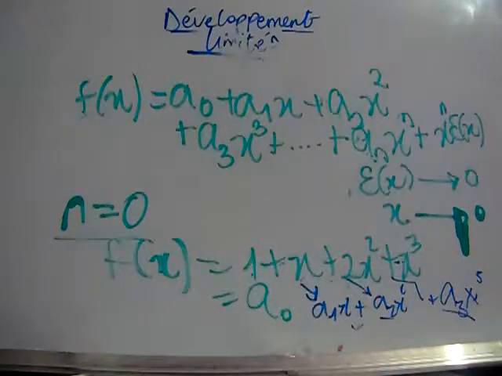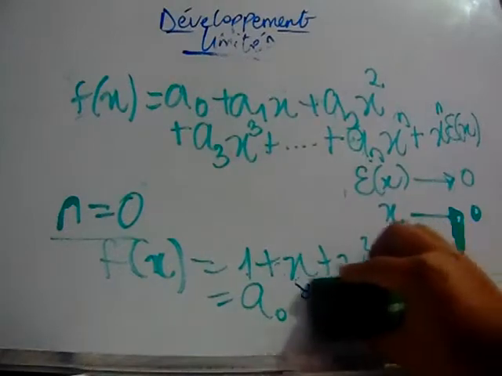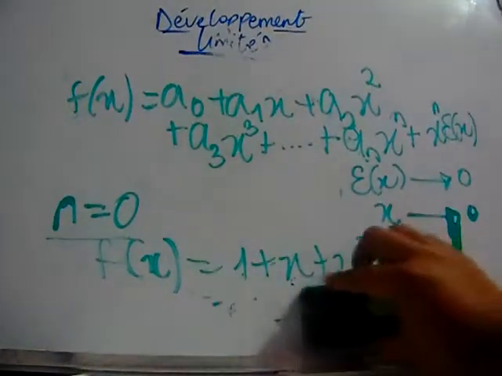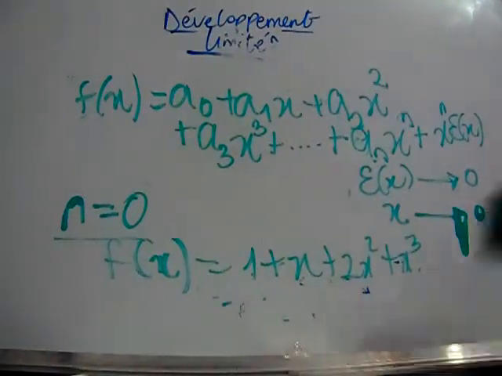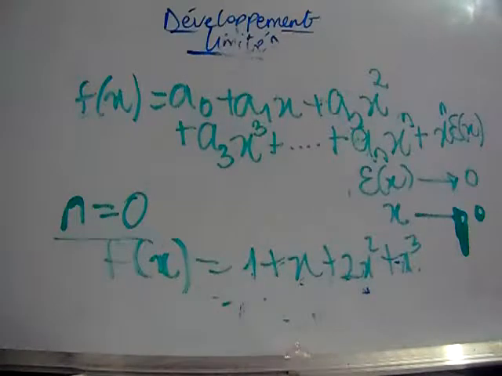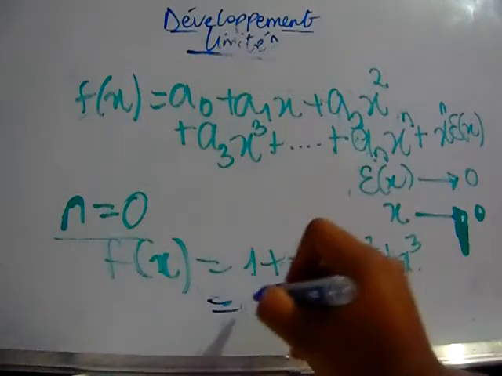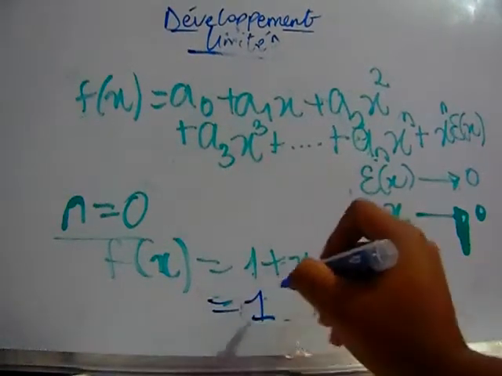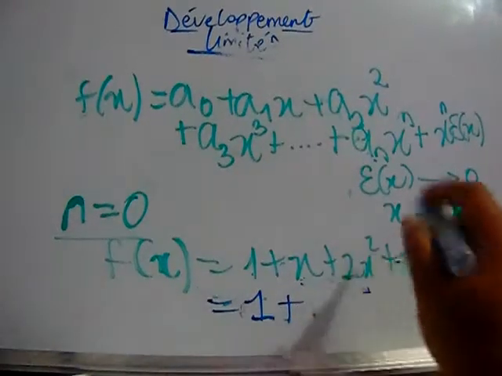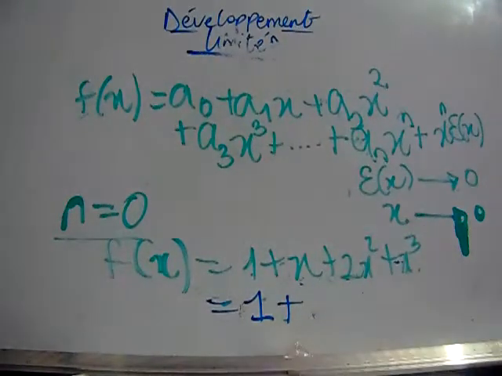So the DL at order n equal to 0 in the neighborhood of 0 is 1 plus x epsilon of x. So this is 1 plus, so now what is epsilon of x?